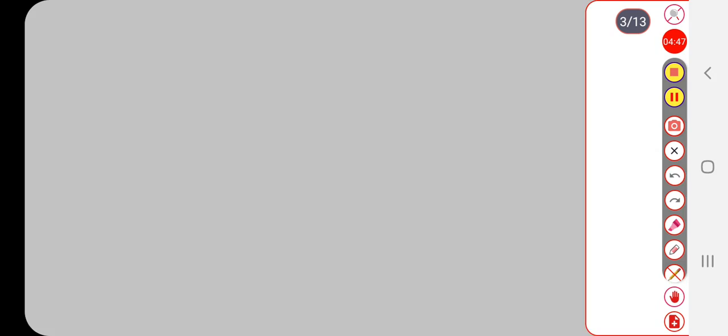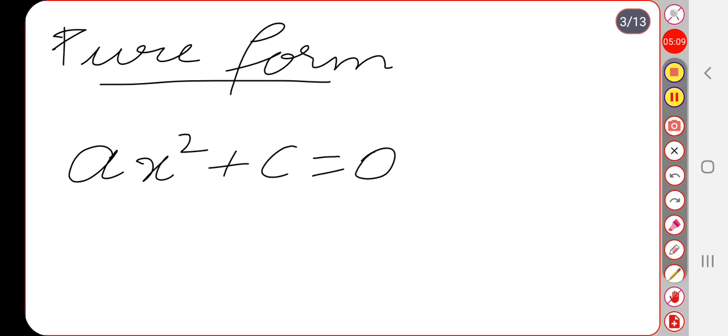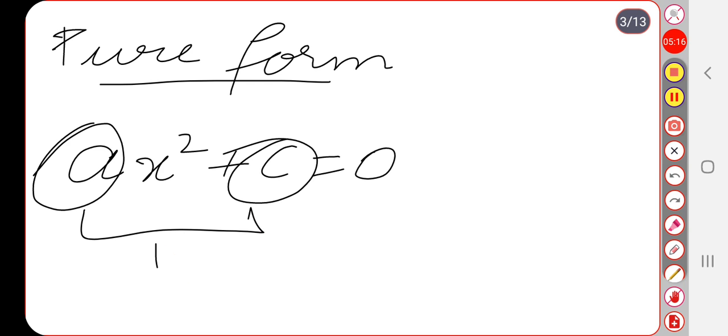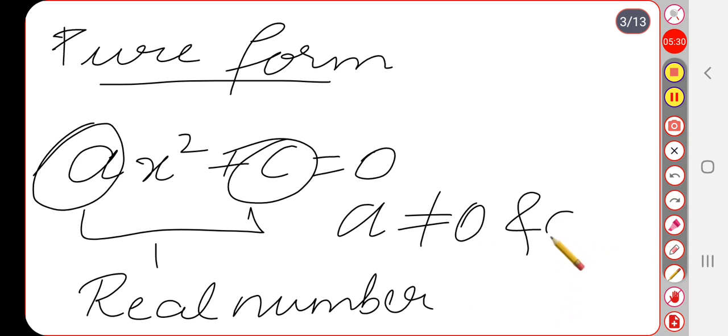The pure form of quadratic equation is nothing but ax square plus c equals 0, where a and c are real numbers, and a is not equal to 0, as well as c is also not equal to 0.